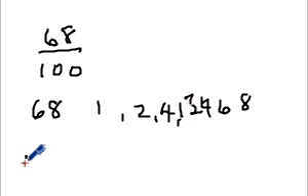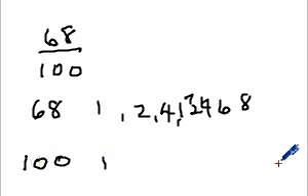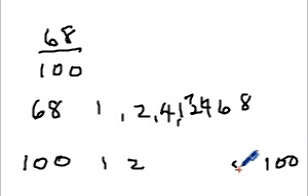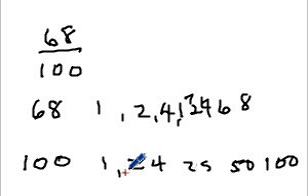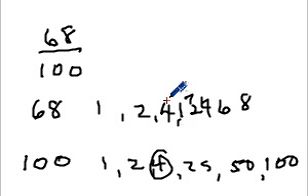Now when I take a look at the factors of 100, I know there's quite a few, so let me just start with 1 and 100, 2 and 50, 4 and 25. So those are the factors of 100. So when I look at the two sets of factors, I can see that 4 is a factor of both 68 and 100.